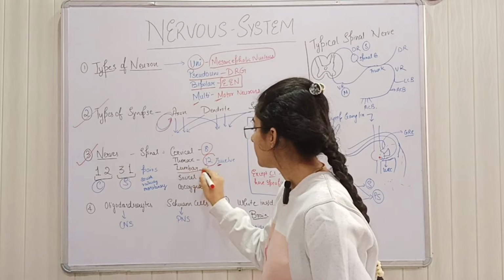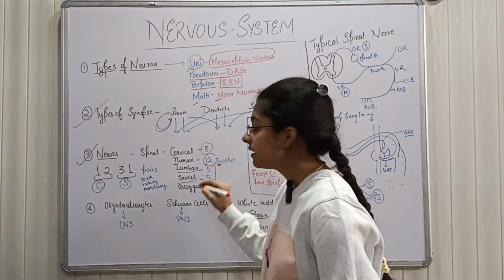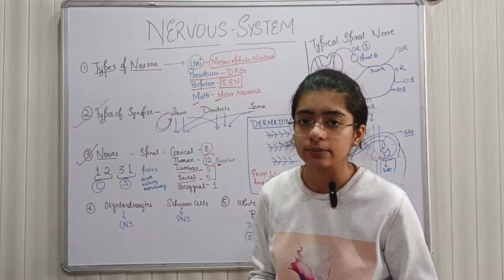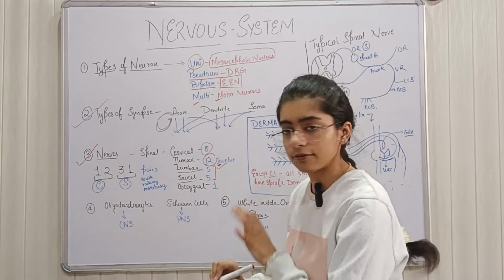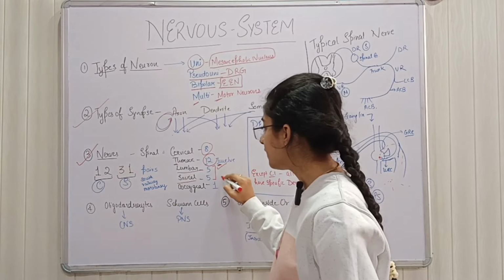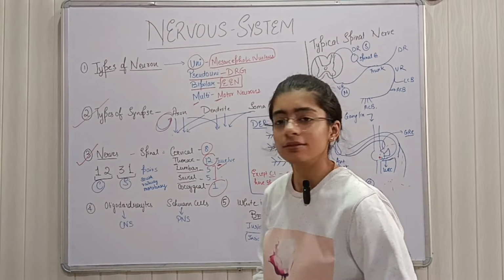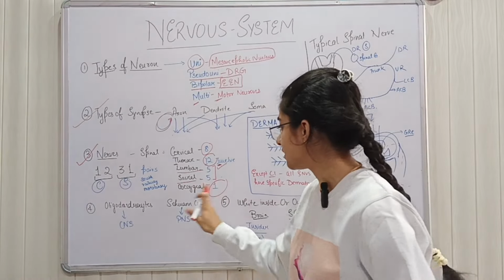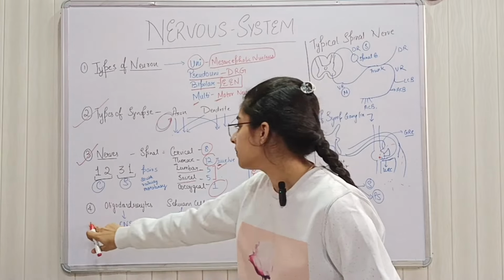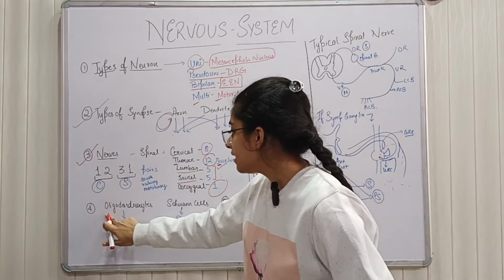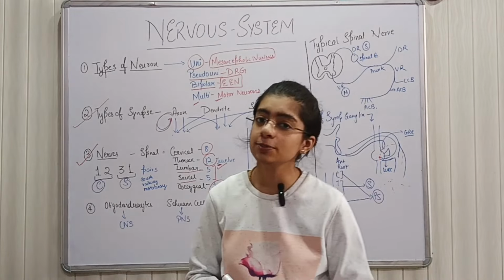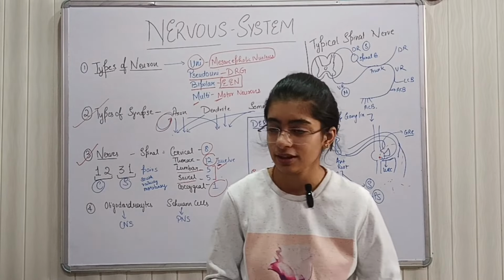Next is lumbar and sacral are same. Since there are 5 lumbar vertebrae, we can say the 5 pairs are there. So 5, 5, same. And how much is left? Only one. Only one is also there, right? Coccygeal one.